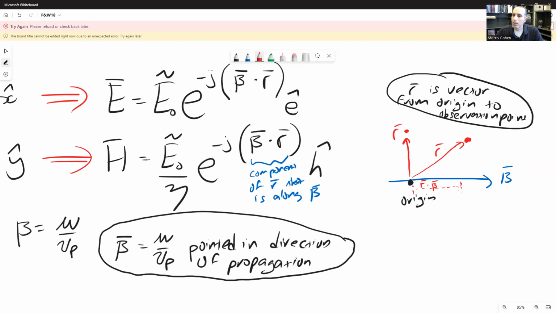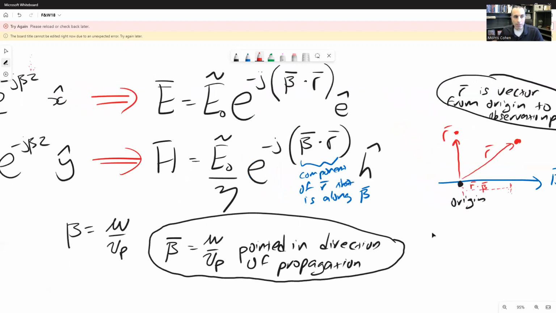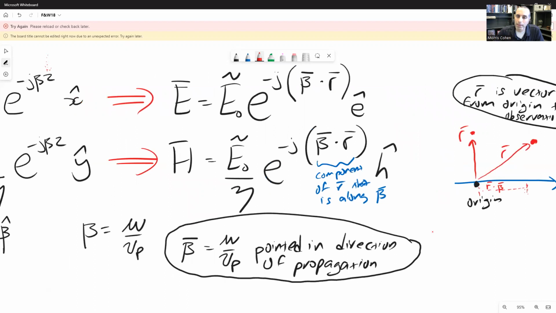So in that sense, this beta dot r is equivalent to the beta z that we had before, but it's now generalized because beta can be in any direction we want, and r can be in any direction we want, and it's still going to describe how the phase changes with any location.